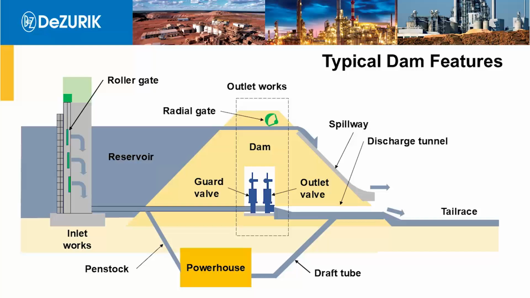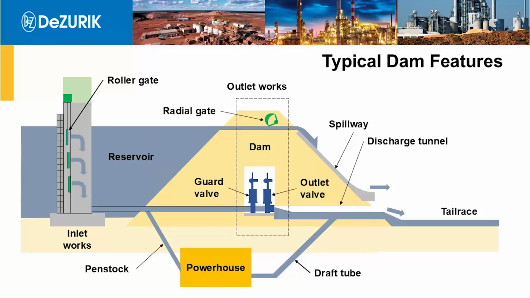Then you've got outlet works for letting the water out. The reason dam designers like to use inlet works is because they don't want the pipe between the reservoir and the outlet works to fail and compromise the dam. So they want to be able to shut the water off in the reservoir or on the upstream face of the dam. Some of the other features are spillways, and then roller gates and radial gates.